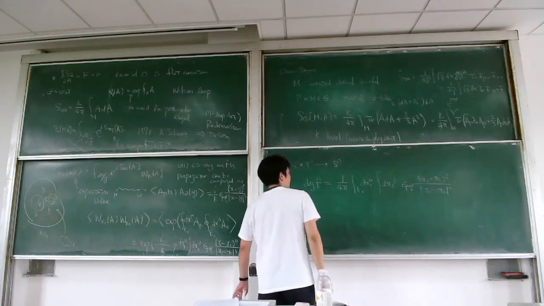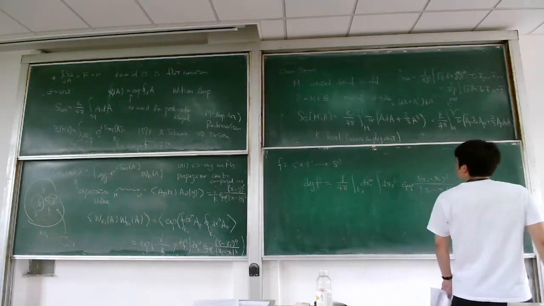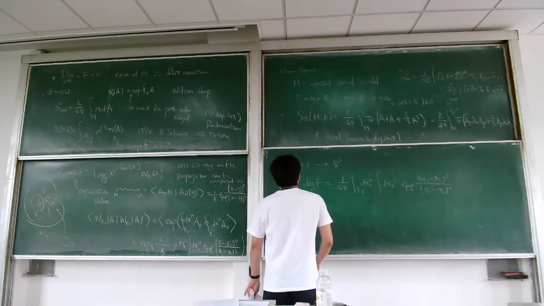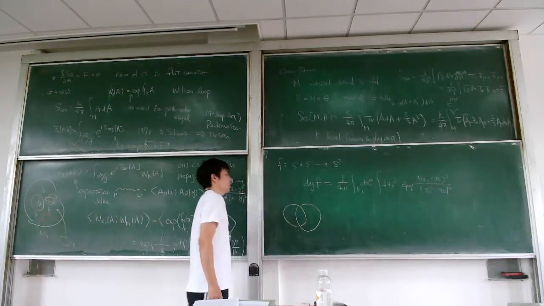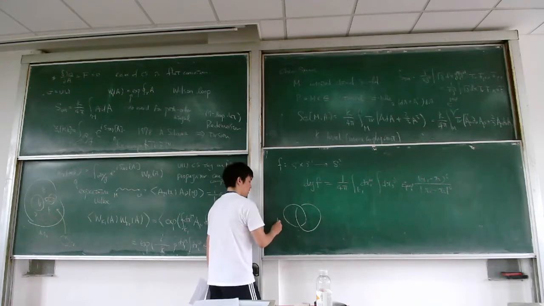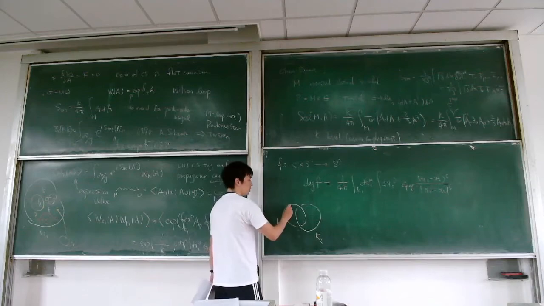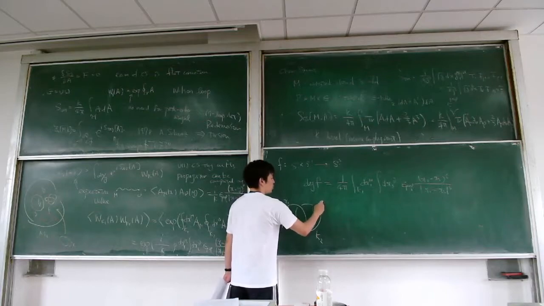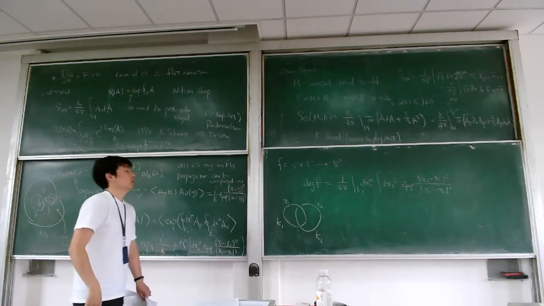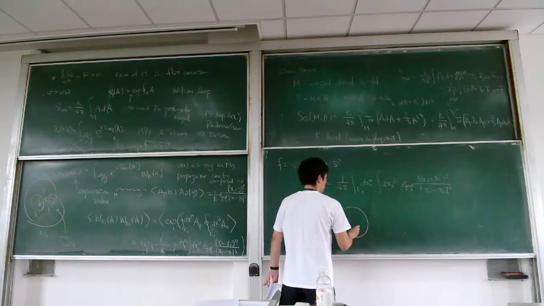And this one can be understood as follows: you have a K1 and a K2, and here you have the parameter of x1 and x2, mapping to S2.